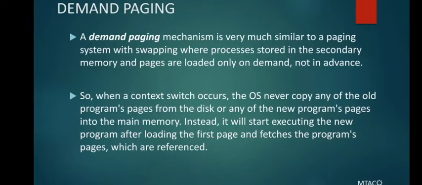So if there are referenced pages which are already in your main memory, it will not copy the old program pages from your secondary memory. It will start the new program and fetch only those pages that are referenced. So if the pages are available in the main memory, it will not swap or copy those old pages from the secondary memory.